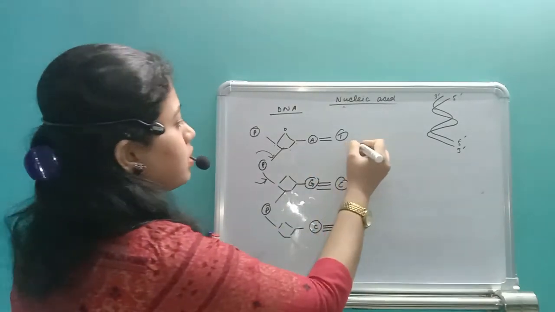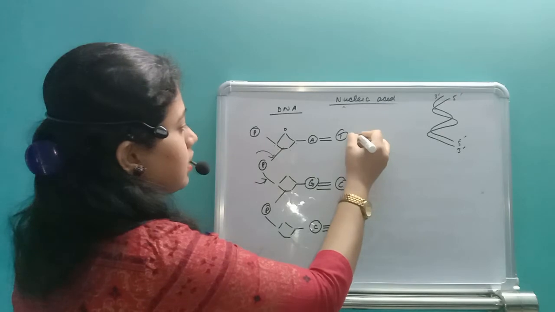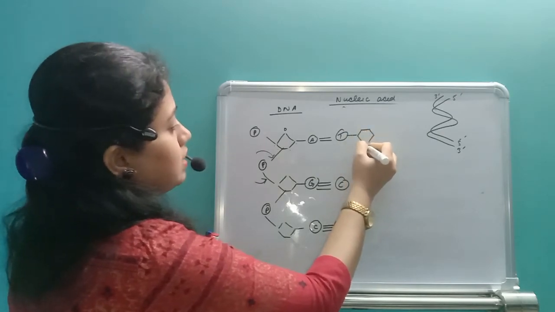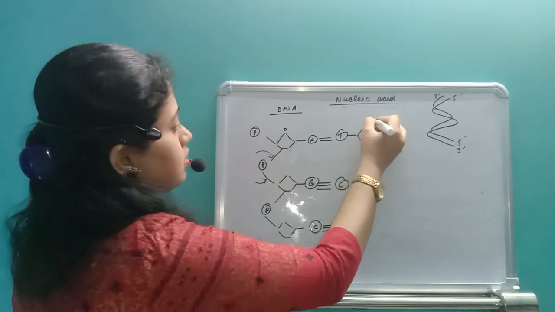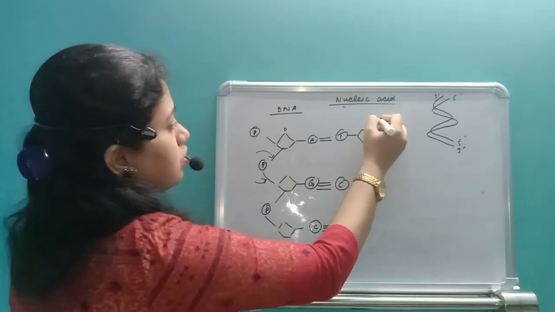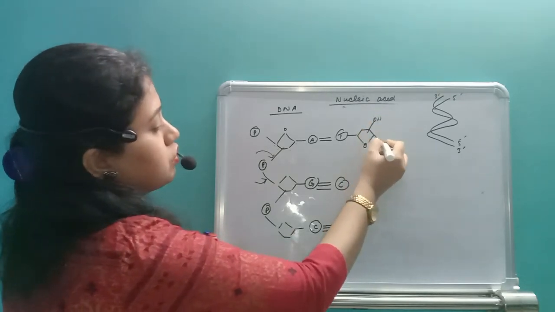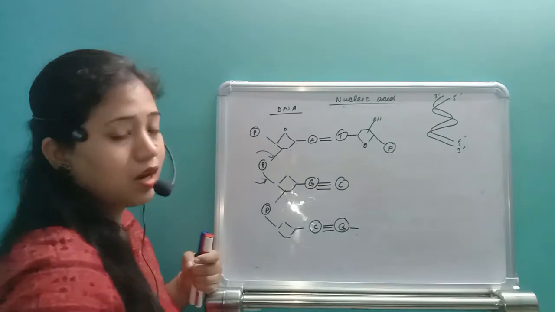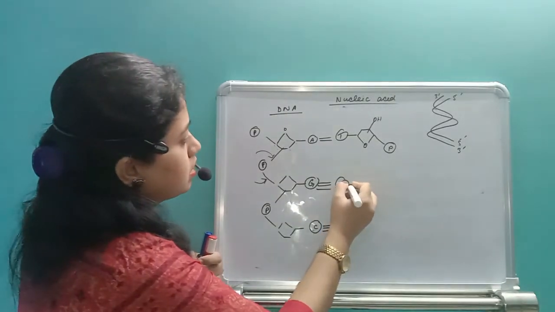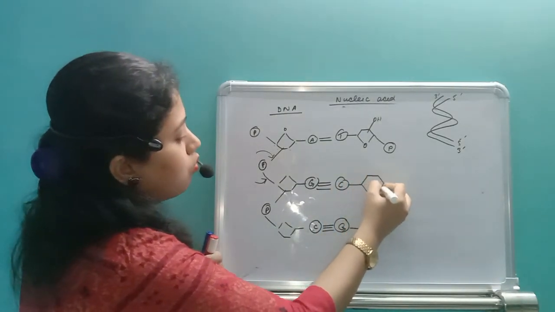If the first carbon atom needs to be like this, then this structure will be anti-parallel. This is free, this is an OH which is found on the third carbon, which is free. With the fifth carbon, phosphate is attached. The same thing is happening for the whole chain.